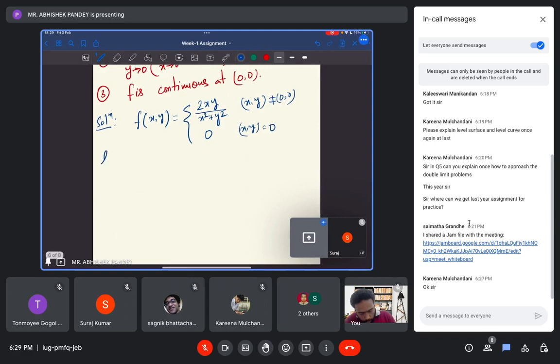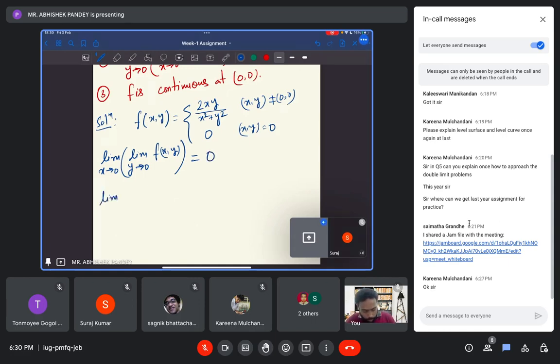Now once you calculate the limit x tends to 0, limit y tends to 0, f of x comma y, this means that first you have to take limit y tends to 0, and then whatever value you get, you take the limit x tends to 0. Once you're taking limit y tends to 0, x remains unchanged, which means you have to take it as a constant. So as y tends to 0, obviously this thing will go to 0. Then limit x tends to 0 will make no change. So this will be 0.